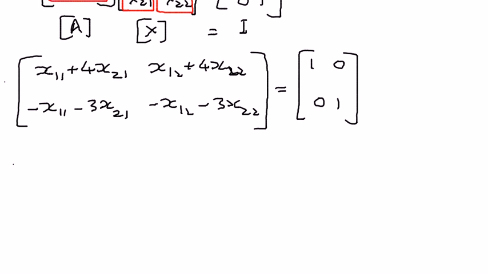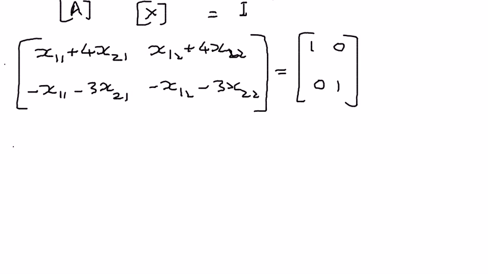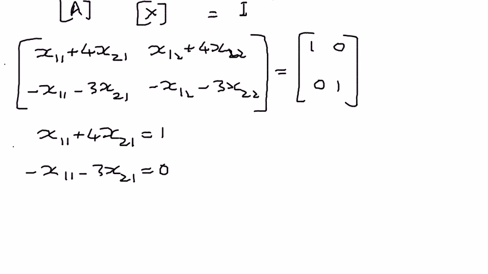And now, to find the values of these variables, we will equate the elements in this product matrix to the elements in the identity matrix. So the way we want to write it out is as follows: x11 plus 4x21 is equal to 1, and then -x11 minus 3x21 is equal to 0, and that is based on the locations we have on the product matrix.